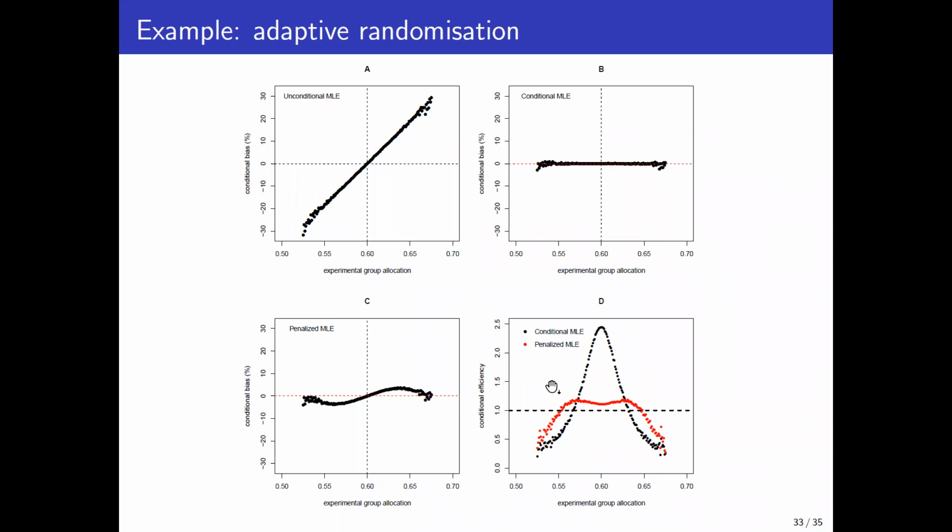The penalized MLE retains that better efficiency for atypical realizations, but isn't so susceptible to a loss of efficiency for the typical realizations. And that, again, as I said, has some elements that are analogous to robust statistics as well.